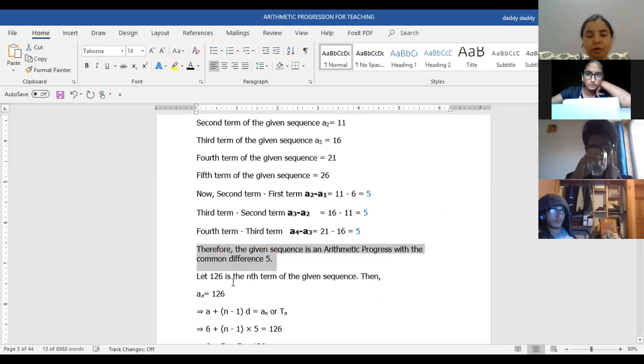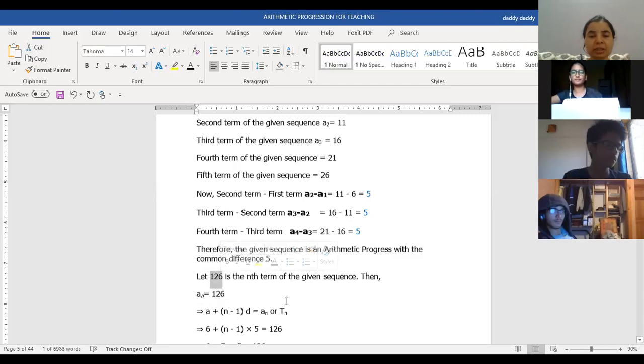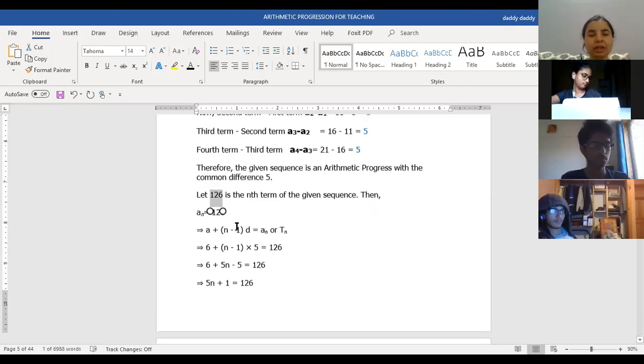Now I'm going to move forward. Now he's asking at which place this 126 will be sitting. So let it be the nth term of the sequence. So an or tn is equal to 126. You apply the formula of an or tn. tn or an is 126, a is 6, n we have to calculate, and d is 5.